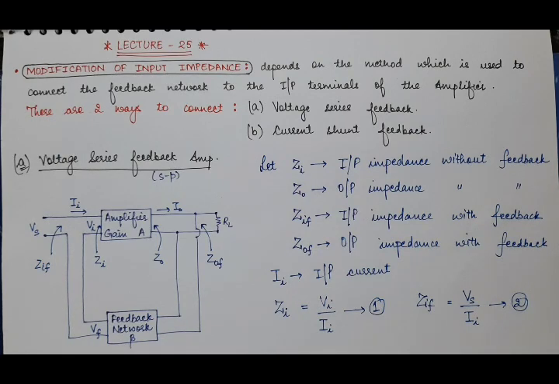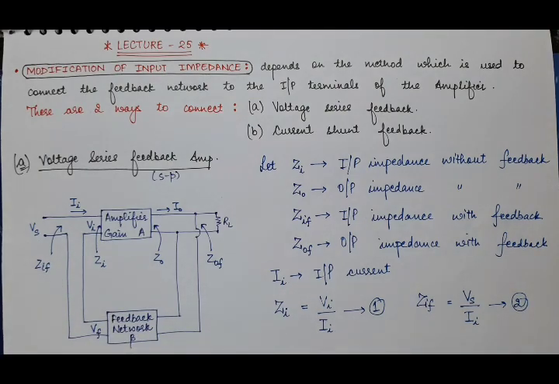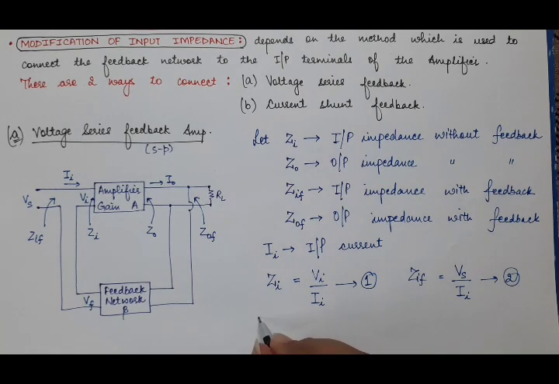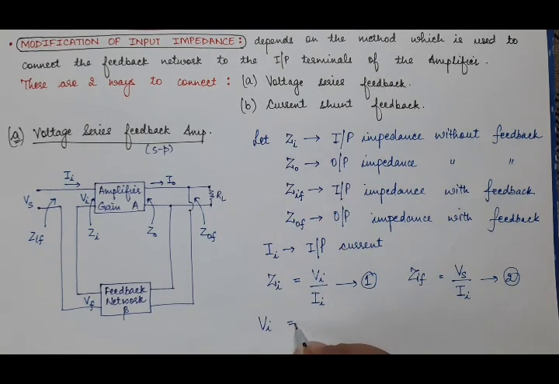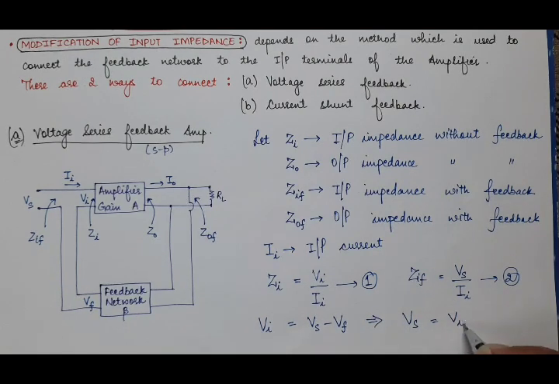Now we know the relation between Vi and Vs during feedback. During negative feedback, Vi is equal to Vs minus Vf. So Vs will be Vi plus Vf, and Vf is beta Vo, where beta is the feedback fraction.